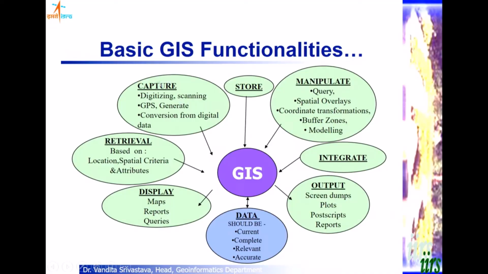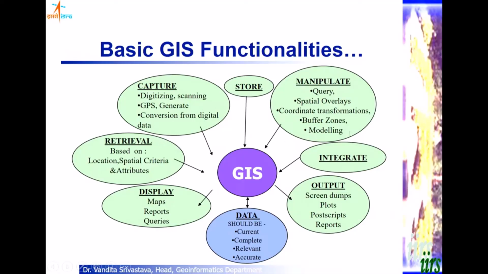It should be able to capture through digitizing, through scanning, and nowadays facilities are even provided for auto digitization. The algorithms support auto digitization if your scanned maps are not too complicated, or it can be used in a semi-automated digitization manner. And you can also capture GIS information using GPS, as I already told.